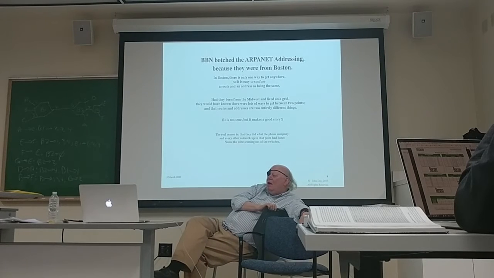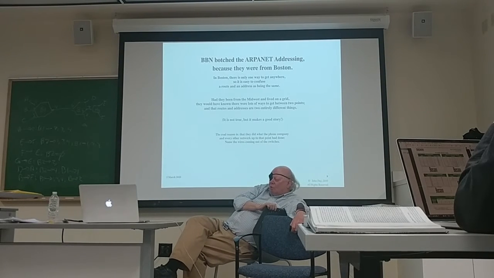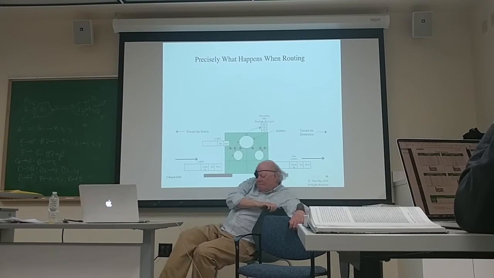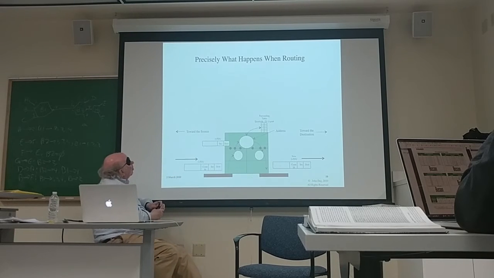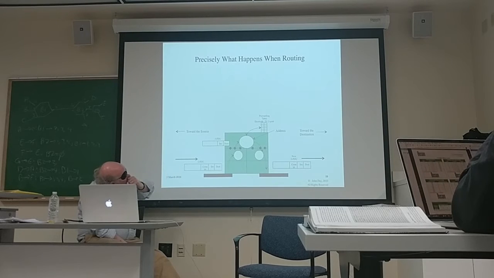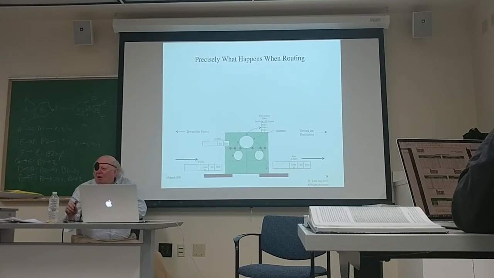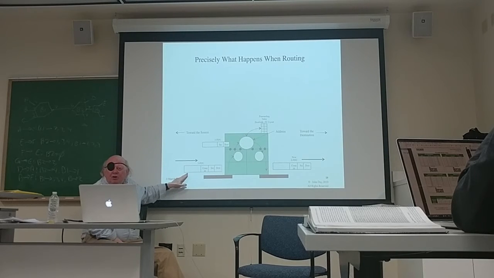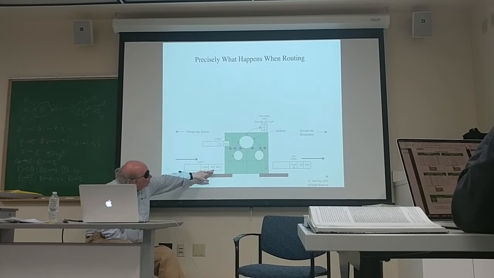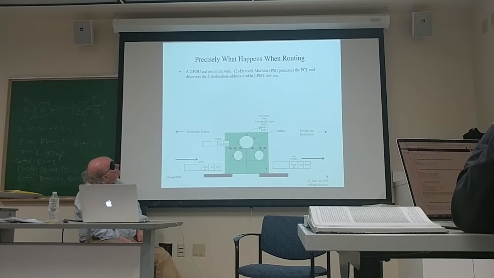So what's really going on when we're doing routing? Let's take a very careful look at what goes on. Now, remember, IP names the interface, but this is the case of how it should work. A layer 2 PDU comes in. It's got a source and destination address.